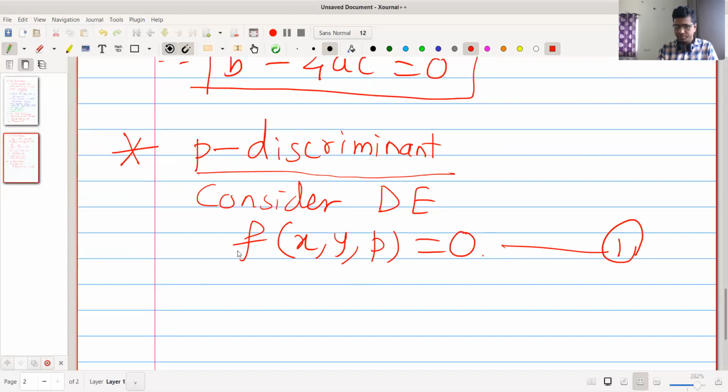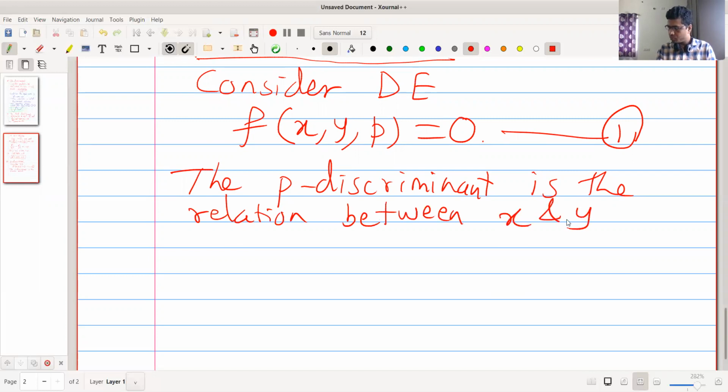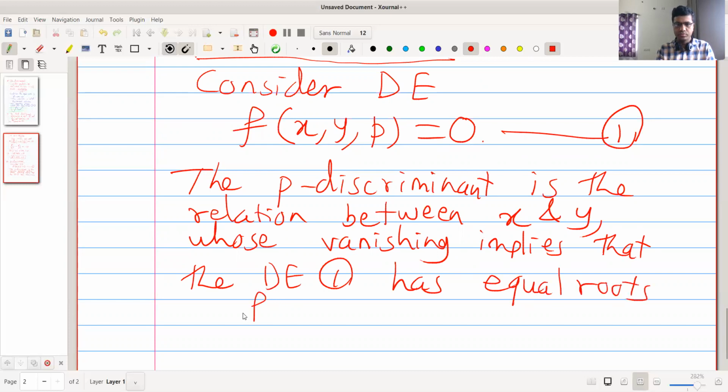The p discriminant is the relation between x and y whose vanishing implies that the differential equation 1 has equal roots for p. So how do we obtain such a relation?